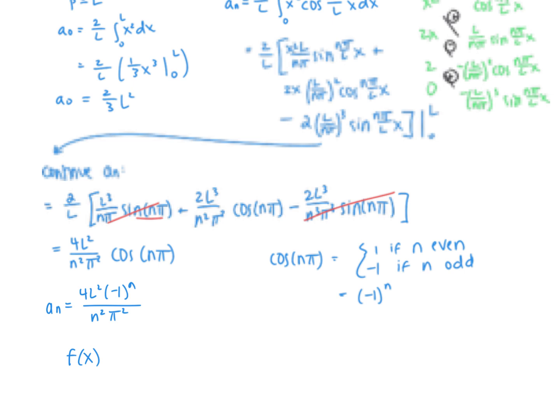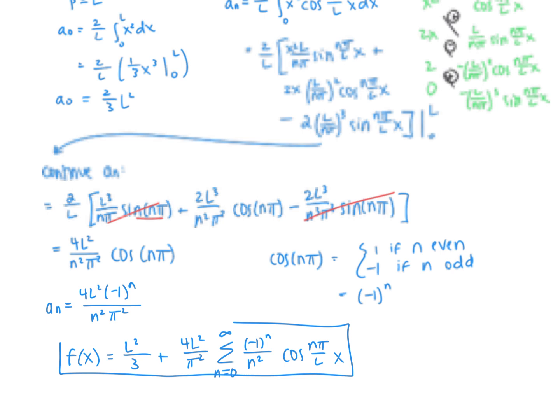So we get f of x is equal to L squared over 3 add 4L squared over pi squared, the sum from n equals 0 to infinity of -1 to the n over n squared cosine of n pi over Lx. So that is our cosine series. That is a half-range expansion using cosine.